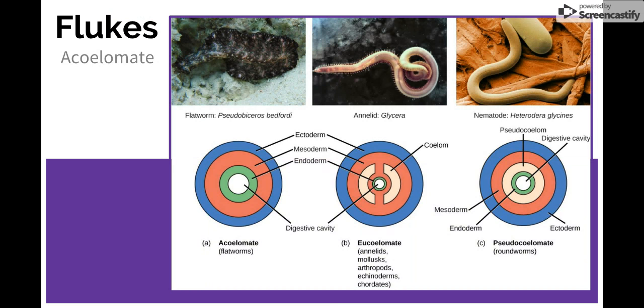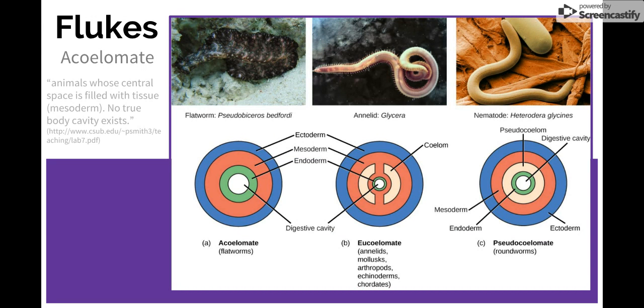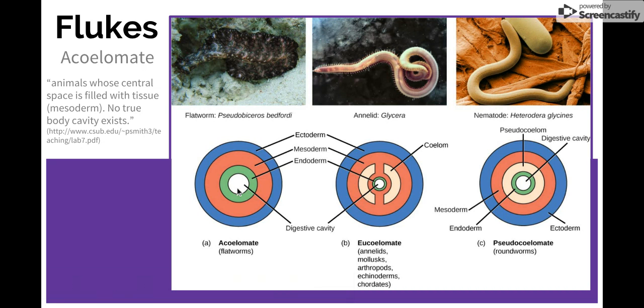And oh yes, last time we discussed the coelom. Flatworms are acoelomates, which is defined as an animal whose central space is filled with tissue, the mesoderm layer. No true body cavity exists. So the coelom is here. That is the body cavity, and this here, which are flatworms, they don't have one.